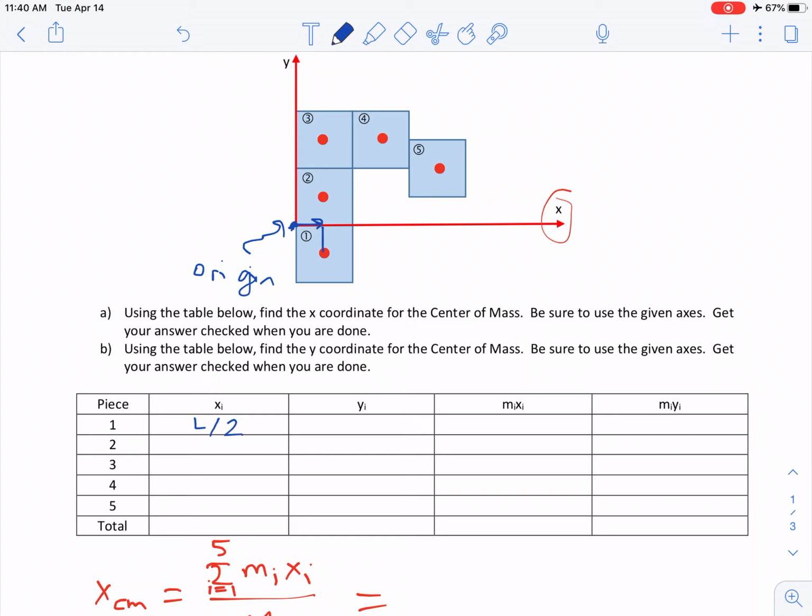So for x_1, piece 1, I'm writing L over 2 because it's a half size. Once again, this is L. Same thing happens for number 2, and the same thing happens for number 3 as well. So let's just put half L for each of those.